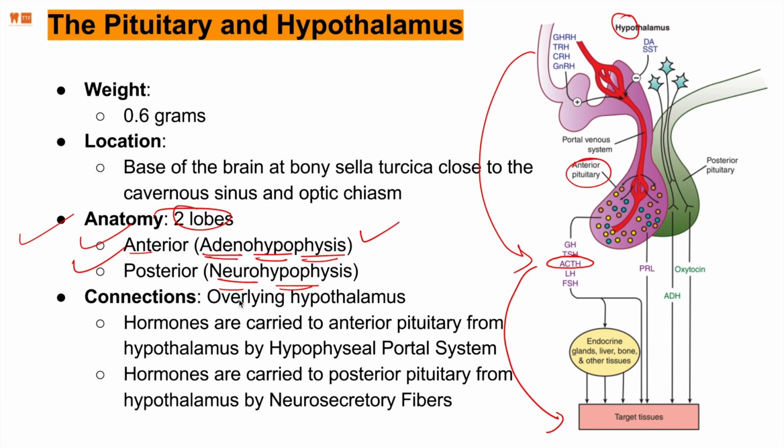Okay? Connections. Overlaying hypothalamus. Hormones are carried to anterior pituitary from hypothalamus by hypophyseal portal system. And that's the portal venous system. So hypothalamus will have, remember RH, all the releasing hormones.